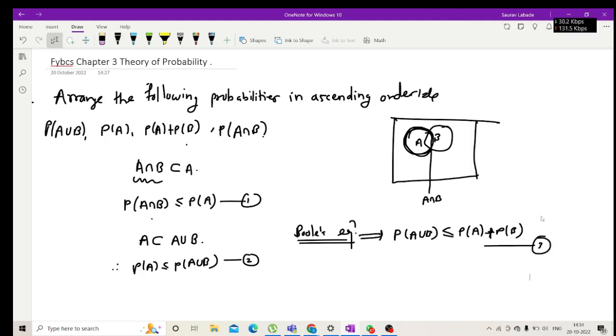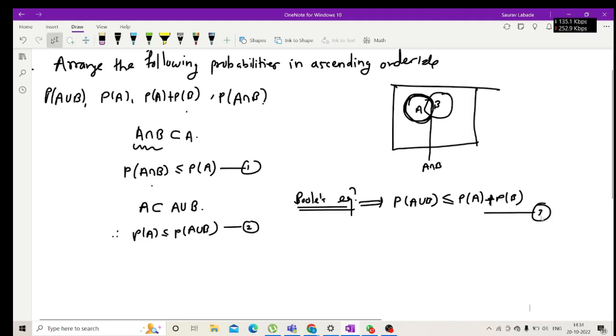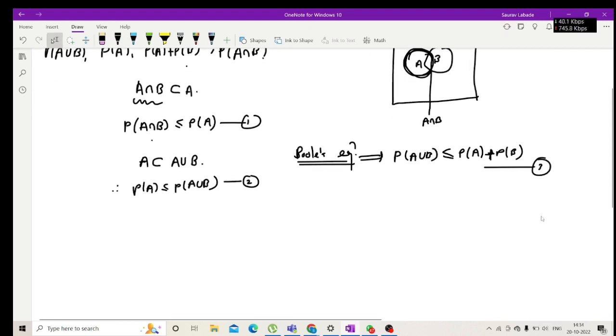And from all these three equations, what am I getting? Now we have to arrange this in ascending order, right? So first will be this probability, second is this, third is this, and fourth is this. Simple.